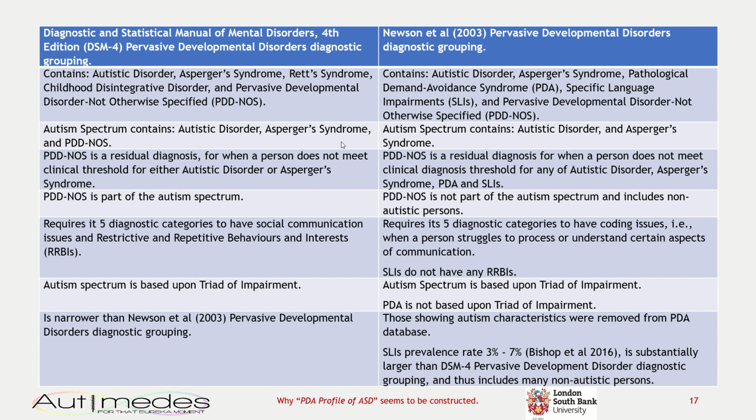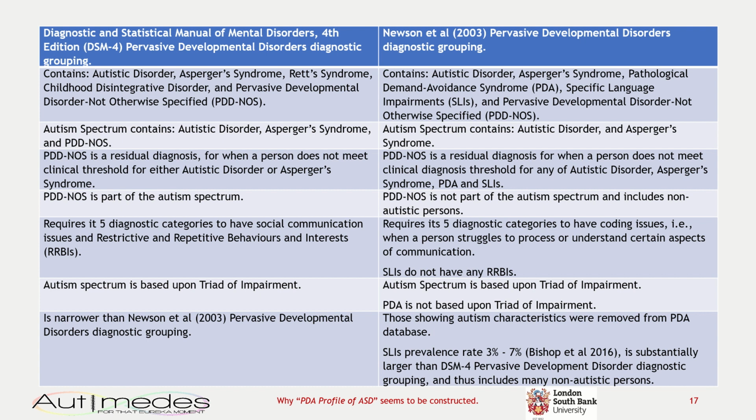It's also interesting because what the autism spectrum is in both contexts is different as well. In the DSM-IV, the autism spectrum is autistic disorder, Asperger's syndrome, and PDD-NOS. PDD-NOS is interesting because it's a residual category, meant to be applied when people do not meet the threshold for the other categories available.